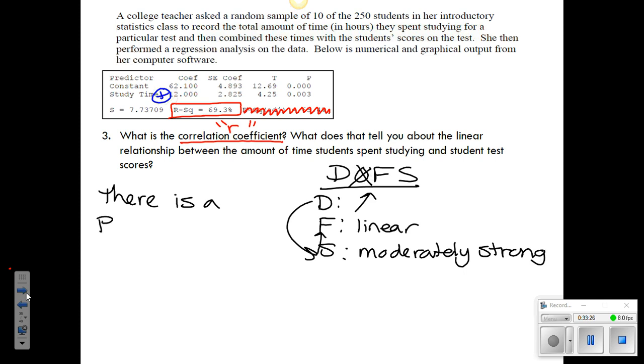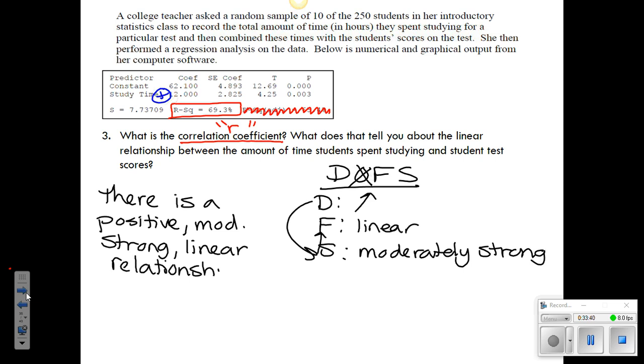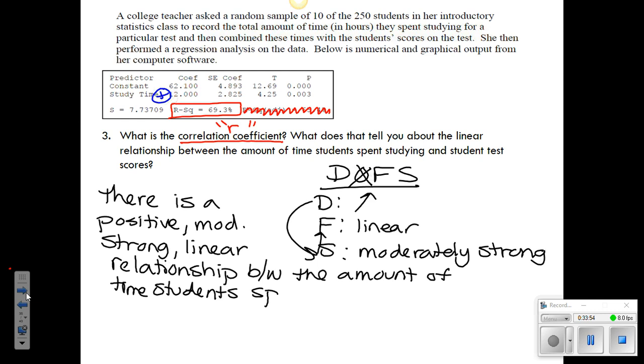There is a positive, moderately strong, linear relationship or association, either or, between the amount of time students spend studying and student test scores.